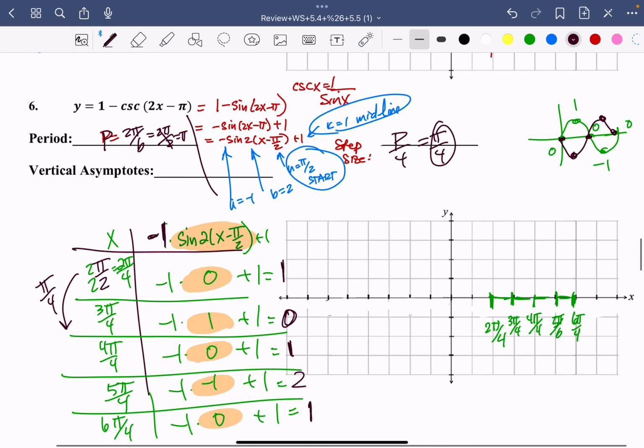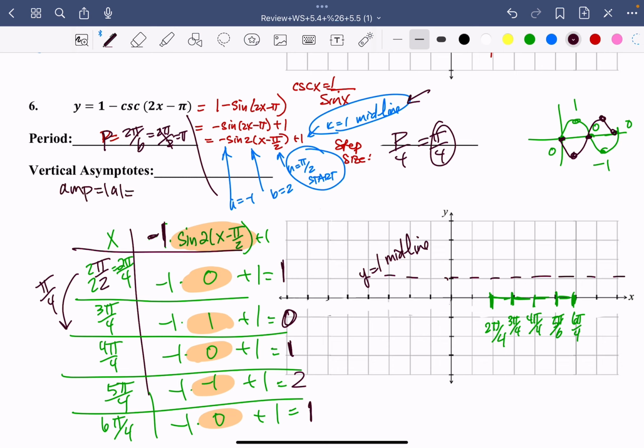Over here, our midline, remember, is at 1. So the middle of my graph is going to be at y equals 1. And then we go up from there. The amplitude in this case, absolute value of a, is absolute value of negative 1, or 1. So we're going to go up 1 to 2 and down 1 to 0. So I'm going to go in between 0, 1, and 2 for this graph.